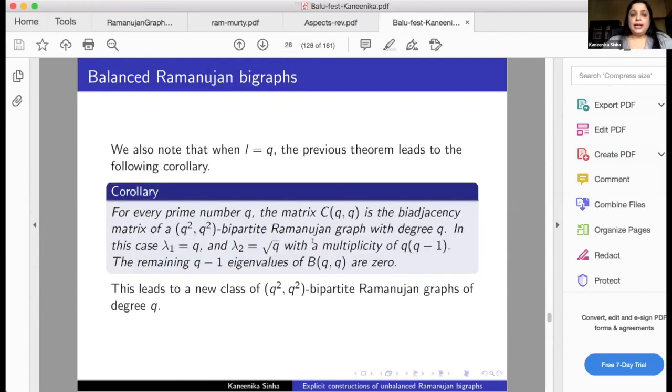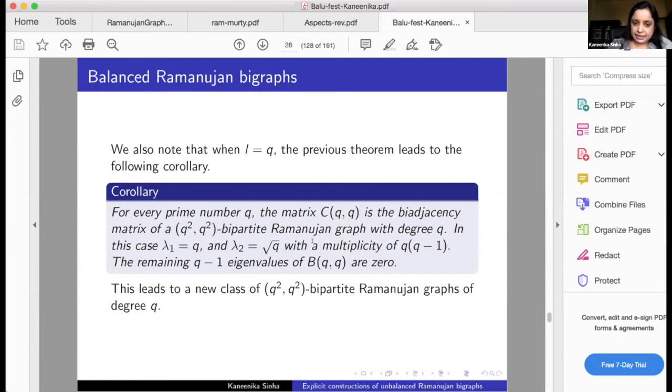Now there's another aspect of our work that I'd like to comment on in the few minutes that remain, namely: if we have a Ramanujan bigraph, can we perturb the edges of the bigraph in such a way that after perturbation, you still retain the Ramanujan property?